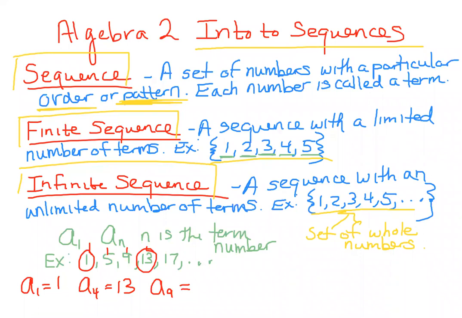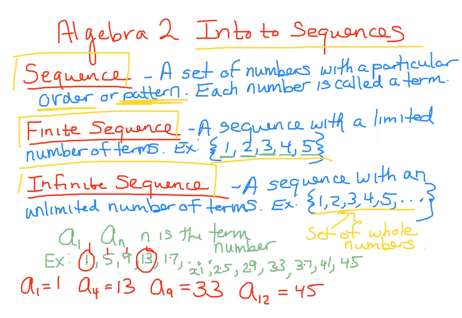So the next term after 17 is 21, then 25, then 29, 33, 37, 41, and 45. So the 9th term, 1, 2, 3, 4, 5, 6, 7, 8, 9, is 33. And then the last one it asks you for is A12. That's why I wrote that many. 9, 10, 11, 12, and that equals 45.